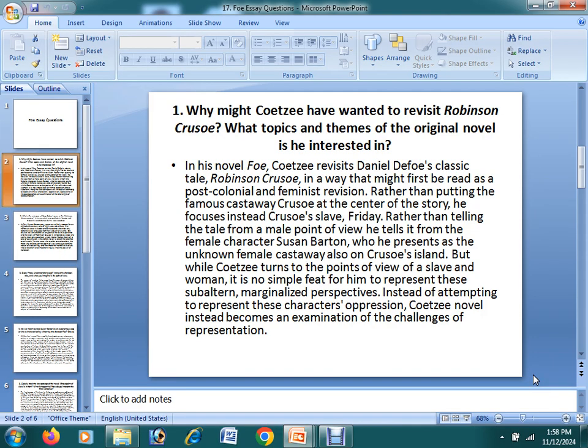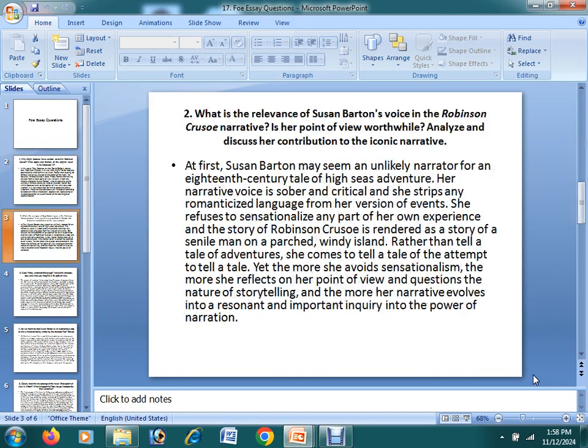Robinson Crusoe is a long, vast novel, but which portion attracted the interest of John Maxwell Coetzee? What is the relevance of Susan Barton's voice in Robinson Crusoe as a narrative?